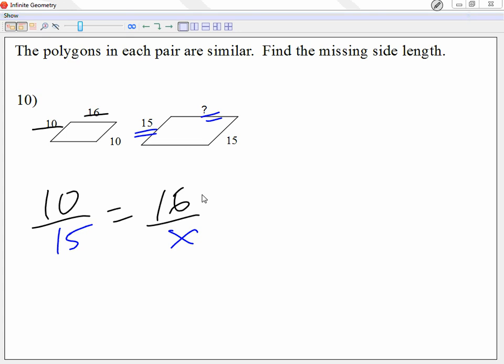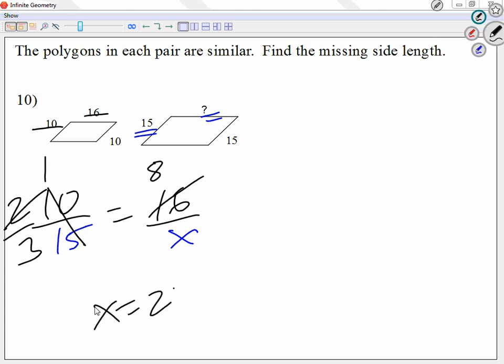You can cross multiply, but I'm going to simplify 10 over 15. Let me call that 2 over 3. We can cross multiply, but I'm going to simplify sideways. 2 and 16, I'm going to call that 1 and 8. When we cross multiply, we get that x equals 24.